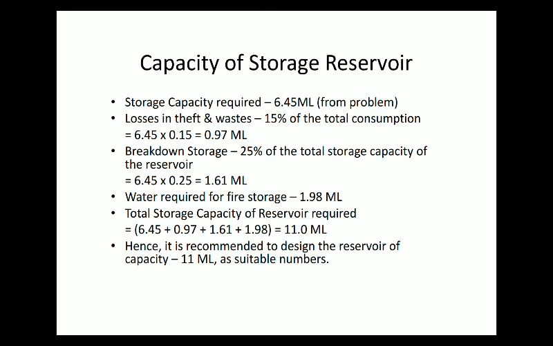There are also losses due to theft or wastage in some amount. Theft is mentioned because many of the city houses are directly supplied through the local government, but a few of them may steal that kind of water. For that purpose, 15% of the total consumption is assumed to be losses. In the worst scenario, this percentage might increase up to 40%. That is not a good distribution system, I must say, but it happens.